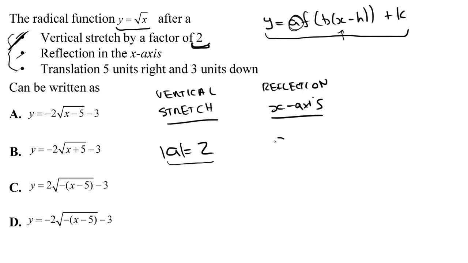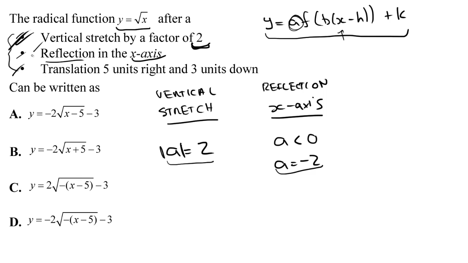So this means that our a value has to be less than 0. In this case, that's why I said absolute value of a. So now we know that the absolute value of a is 2, and a is equal to negative 2. So it does this vertical stretch, and it also reflects it in the x-axis. This kind of kills two birds with one stone.